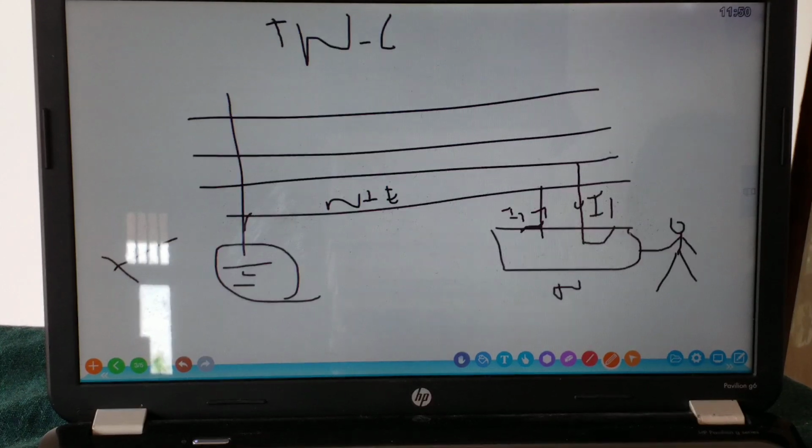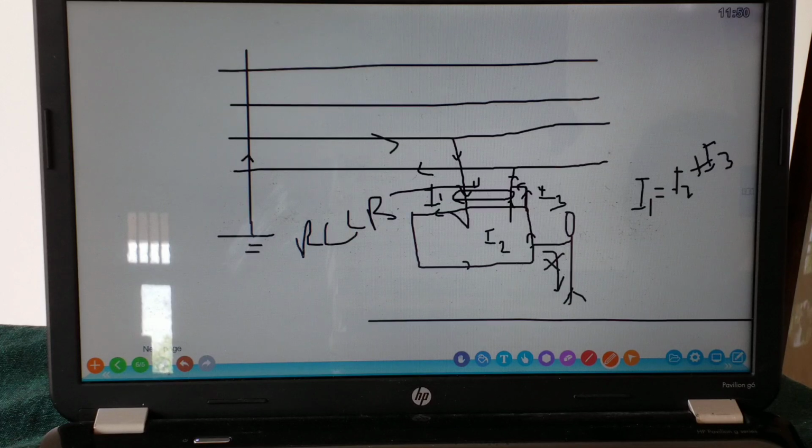Okay, let's go to this. It is not going because there is a very keen path, a very less resistive path for the fault to sustain.